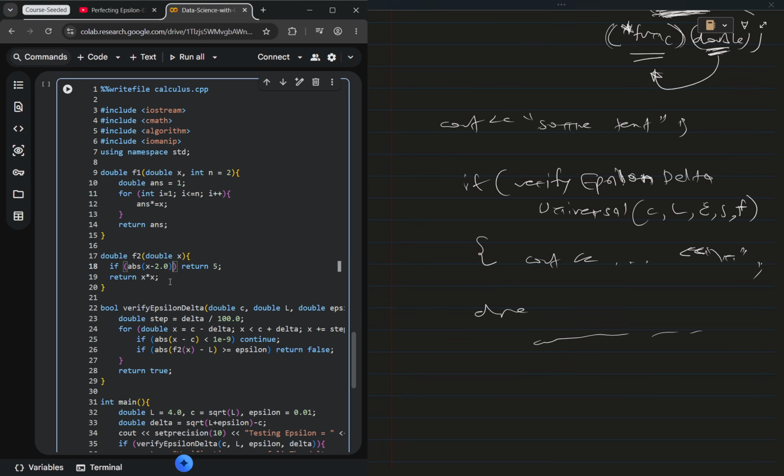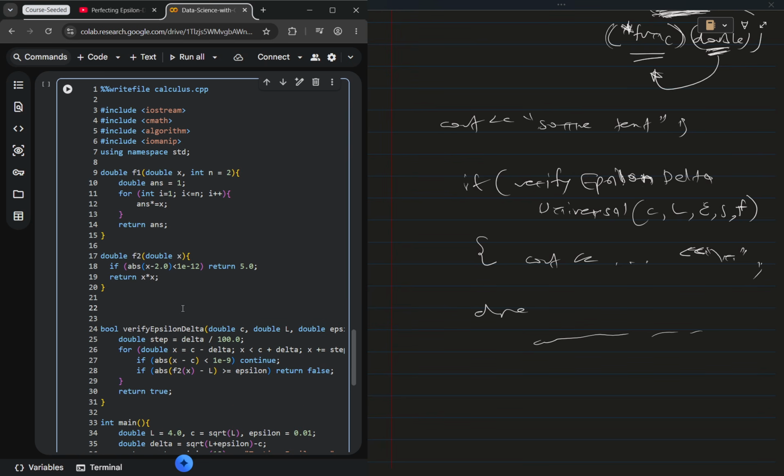So less than 1e minus 12. Basically this is 10 to the power minus 12, if you don't know what 1e minus 12 means. Obviously we can return 5. Basically this is a double function, so we should return 5.0 instead of returning 5 directly. Otherwise we can just return x times x.